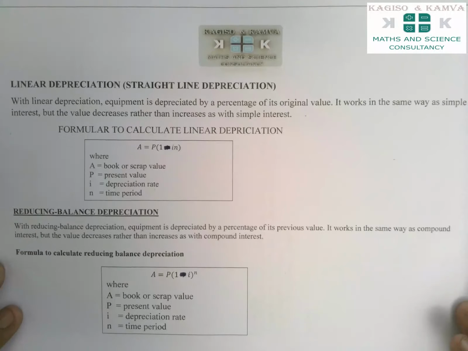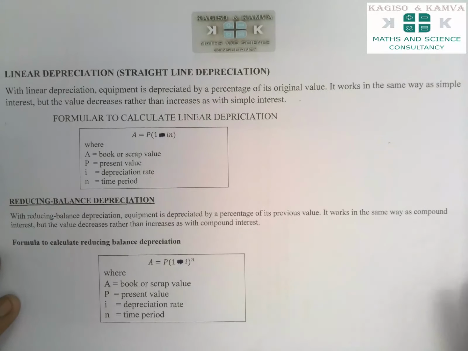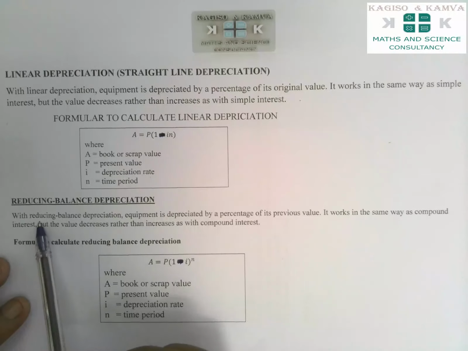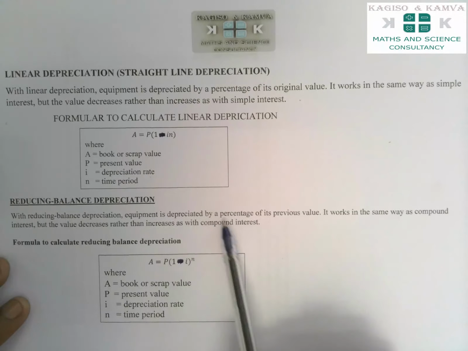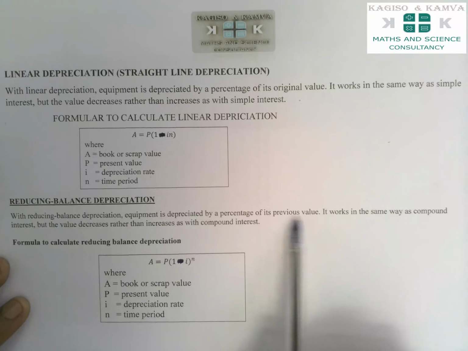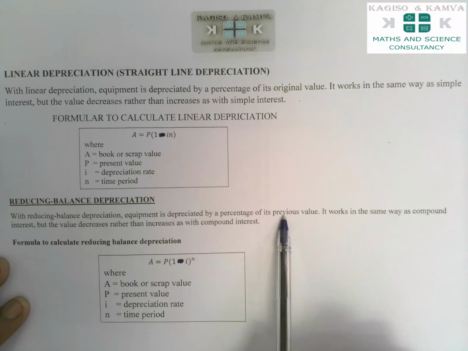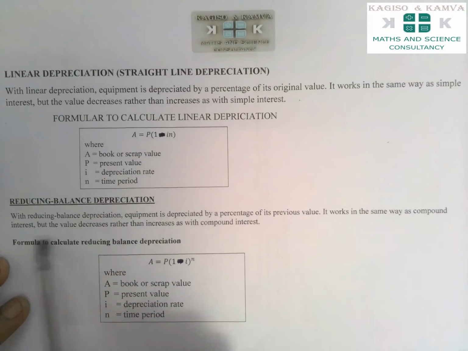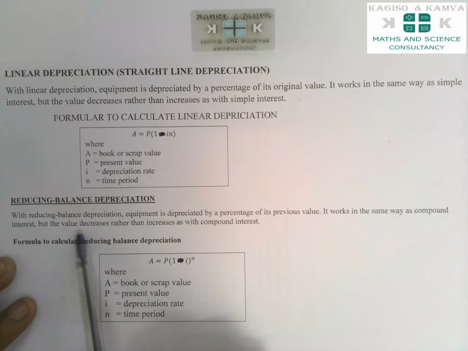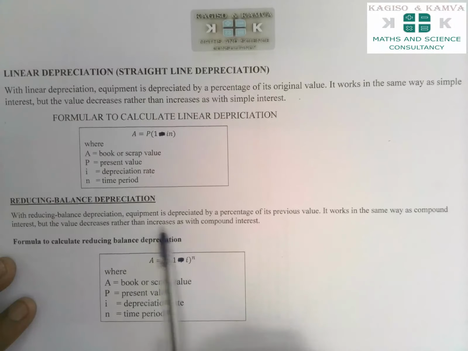Now let us check the reducing balance depreciation. With reducing balance depreciation, equipment is depreciated by a percentage of its previous value, not the original value, but its previous value. It works in the same way as compound interest, but the value decreases rather than increases.